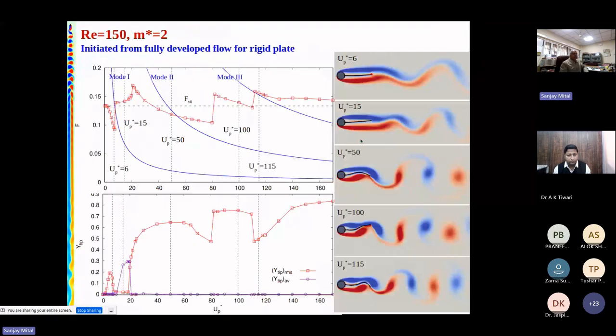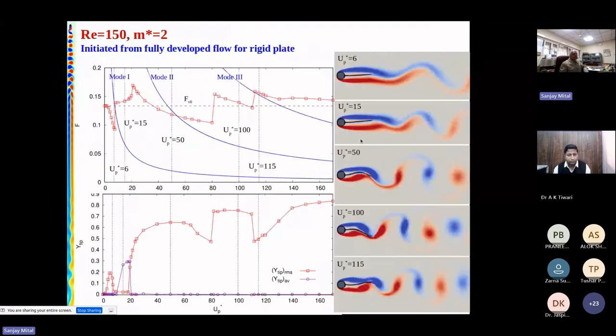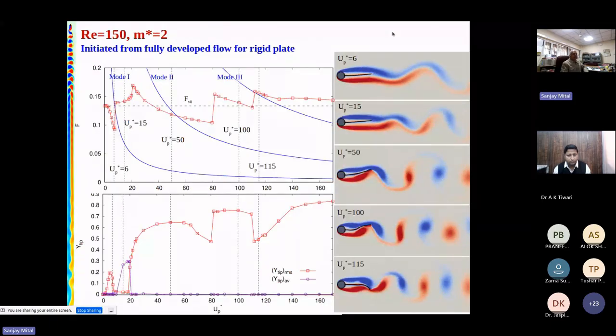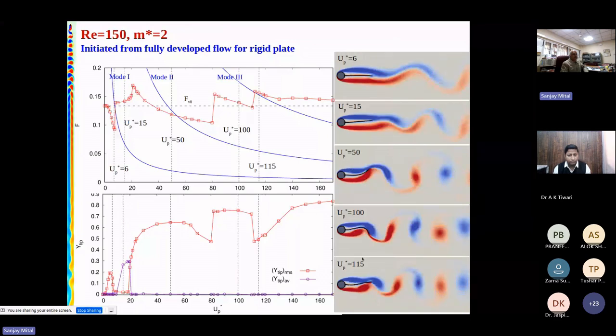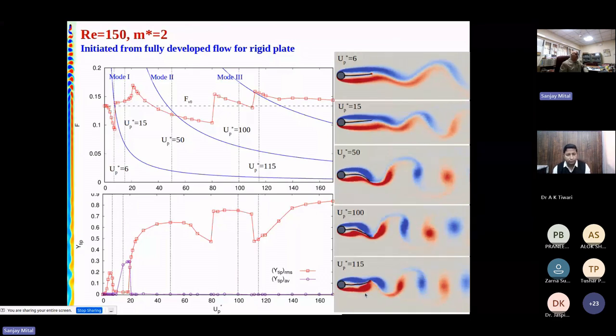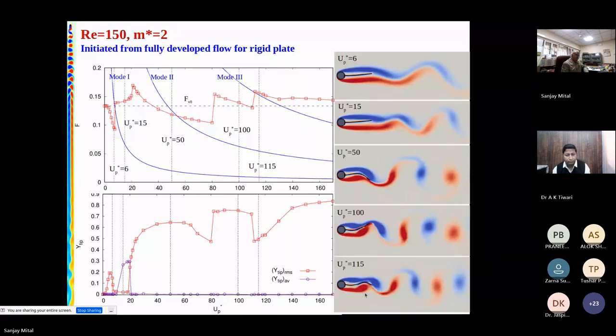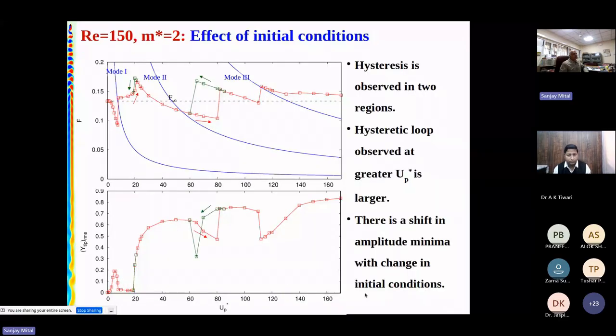So some calculations were done, and indeed, you can get first excitation with first mode, then with the second mode, and then some higher modes like the third mode. Okay. So you can get very interesting results here. You can get effect of initial conditions, where the amplitude of vibration can depend on whether you are increasing the speed or reducing the speed.